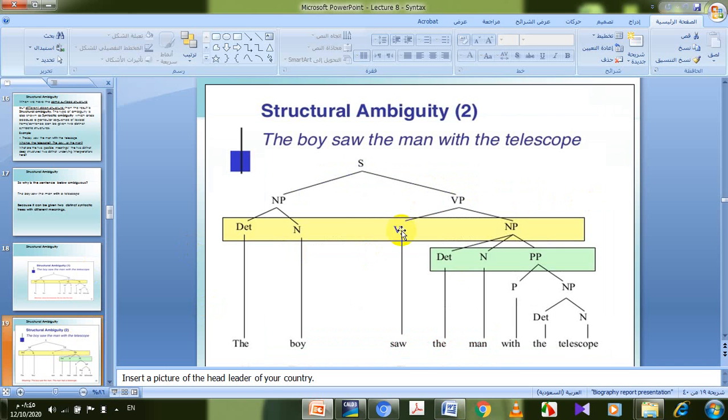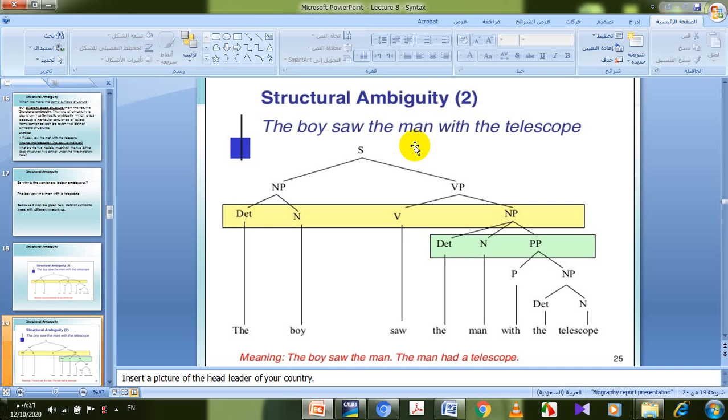However, here, the man with a telescope, with a telescope functions as an adjective because it describes the man. The man had the telescope, so it is in the same layer.